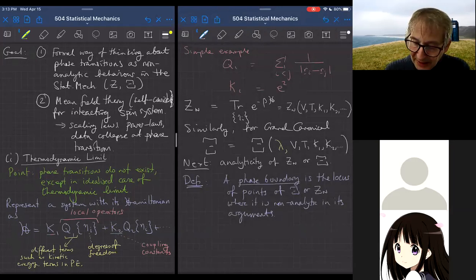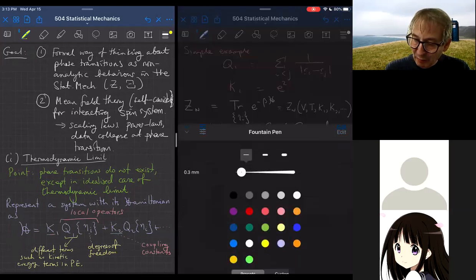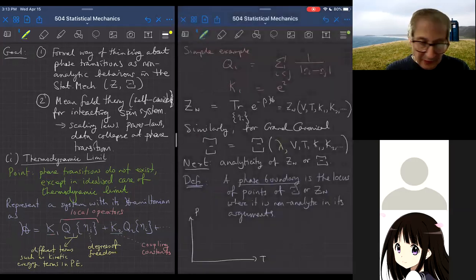So let's remind ourselves about the phase diagram of most matter. So the phase diagram for most matter is just a diagram in the pressure temperature plane. And then what it looks like is as follows. We have a line going up like this forever, which is separating off the solid phase.